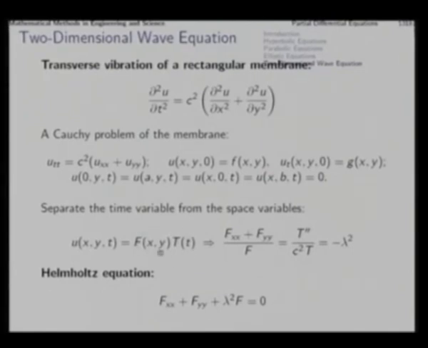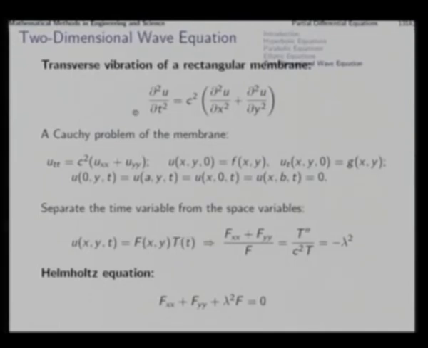As we propose this solution and carry out the differentiations, del 2 f by del x square, that derivative, will be f x x into T, and this will be f y y into T. And here this will be f into T double prime, that is the second order derivative with respect to small t.